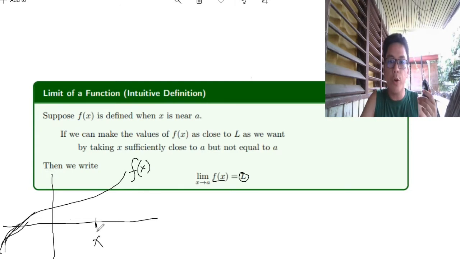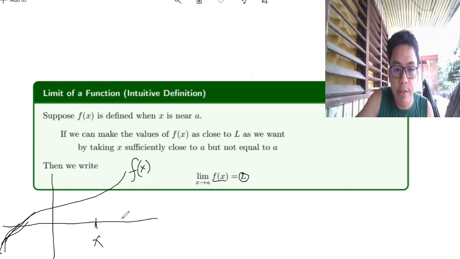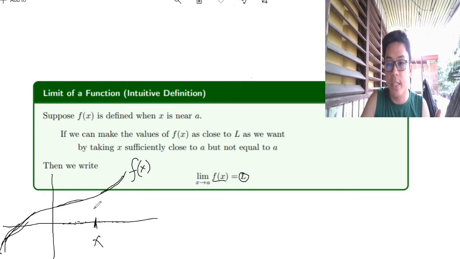The notion of your limit intuitively is that as you take all the values from the right of x closer to x, and from the left of x closer to x, you would actually find a value of f of x corresponding to this point here. So that's the intuitive definition of a limit of a function.